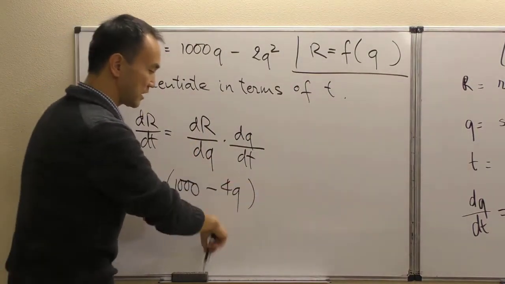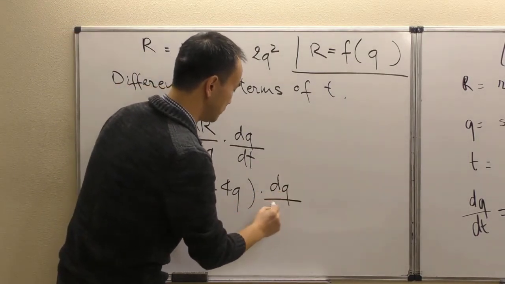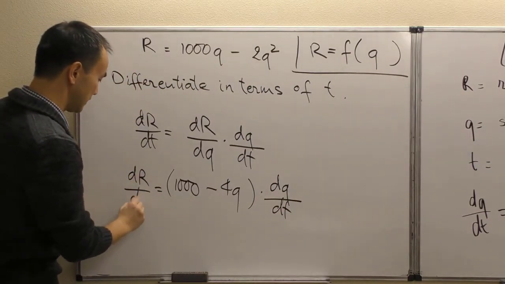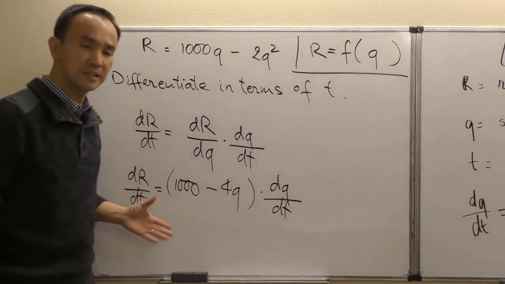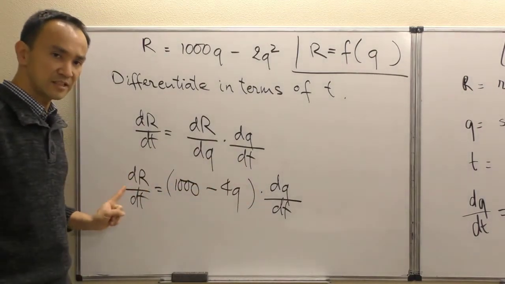This is my dR/dQ. And then in the next step, I'm going to multiply with dQ/dt, and that equals dR/dt.